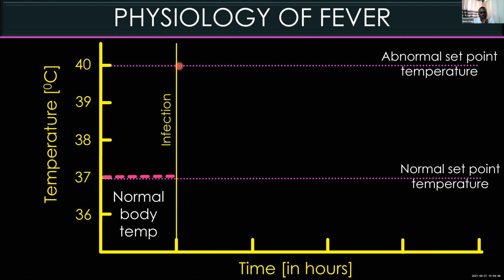What will the body feel? The hypothalamus is telling the body that the temperature is too low, because it's comparing 40 with 37. So what happens? It will initiate mechanisms in response to cold. Both behavioral and hypothalamic mechanisms will apply.